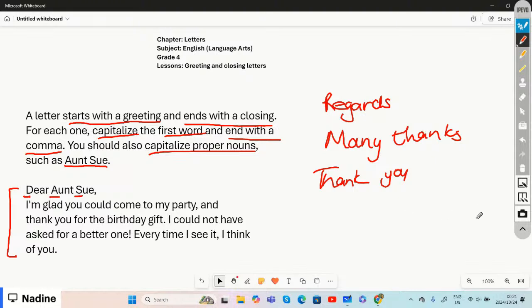Here we have regards and you write your name. Many thanks, you write your name. Thank you and you write your name. So that is one of the ways in which we can close. If you know of any other ways or words that we can use to close, then you may let us know.